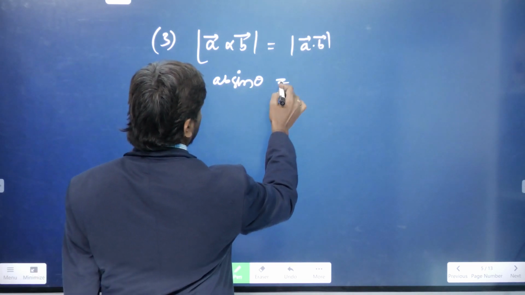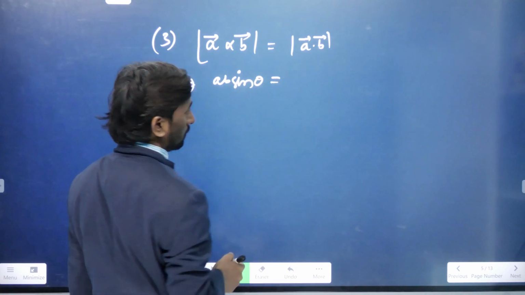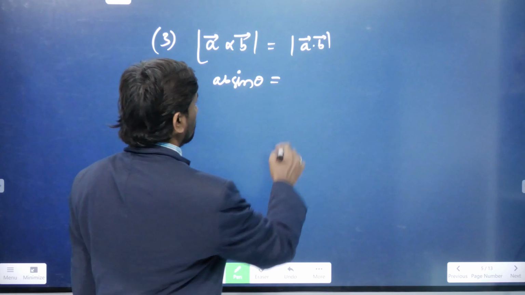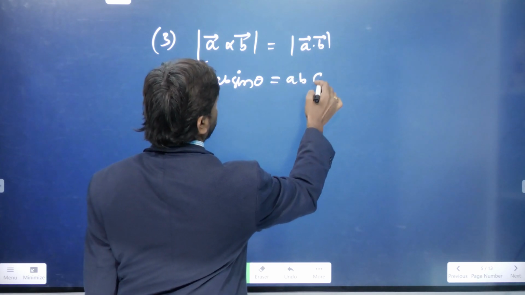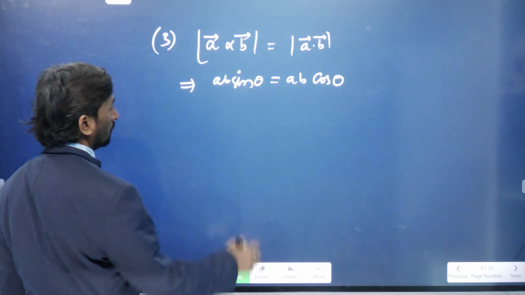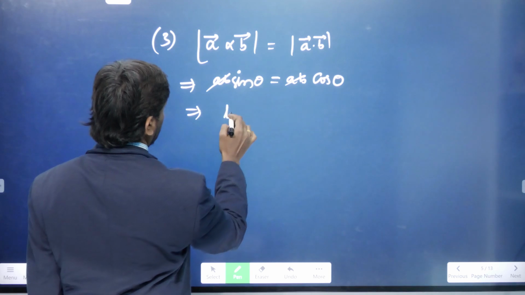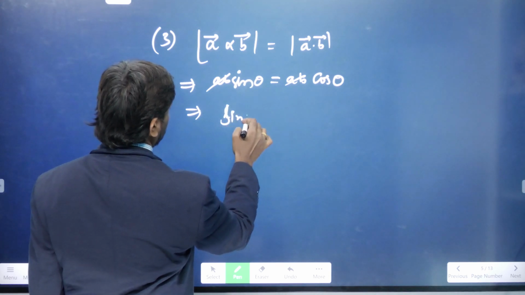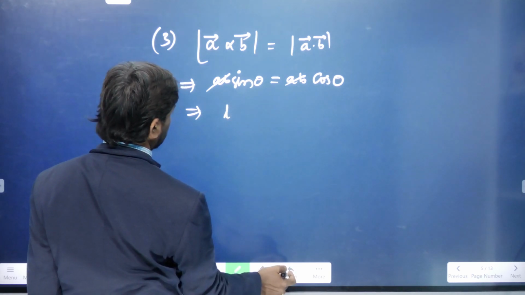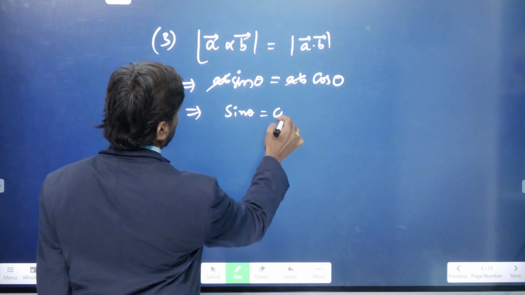Now here we should find the magnitude, no? So a bar dot b bar formula is ab cos theta. Now here ab and ab are magnitudes, so we can write like this. Now we'll get sin theta equals cos theta.